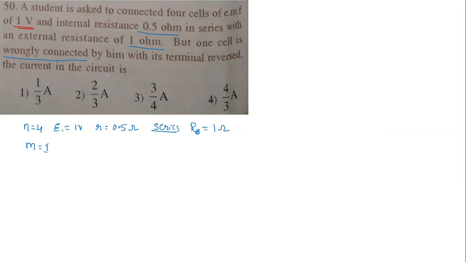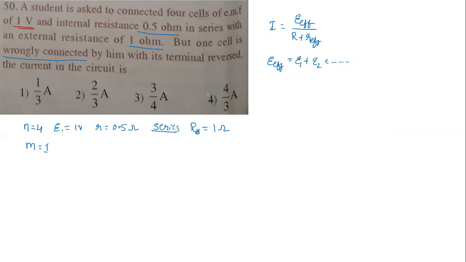The current in a circuit is given by the formula E effective divided by R plus R effective. What is the formula for E effective? Normally it is E1 plus E2 and so on.